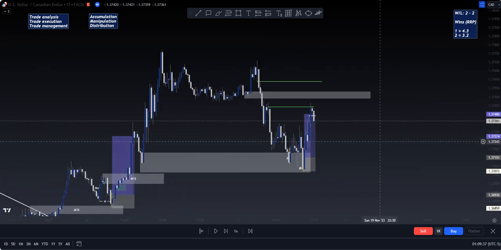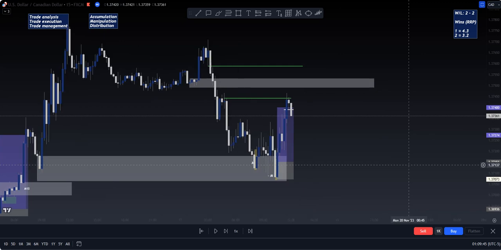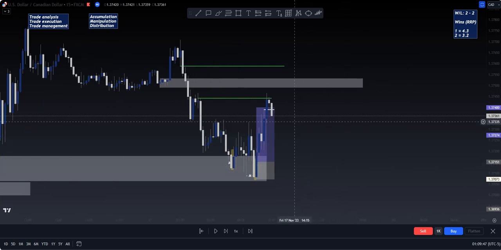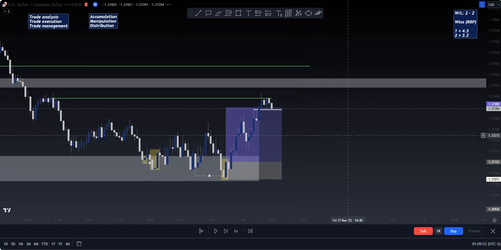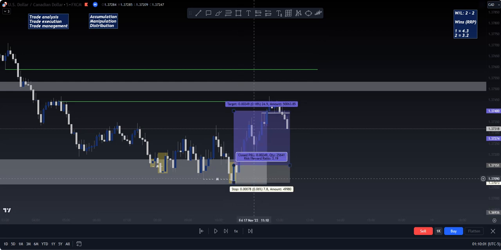So yeah, I mean, unless the market comes up to this block here, I can actually still look to buy this market up. But because it's coming down from an area of resistance, I am gonna need confirmation before I decide to keep going.